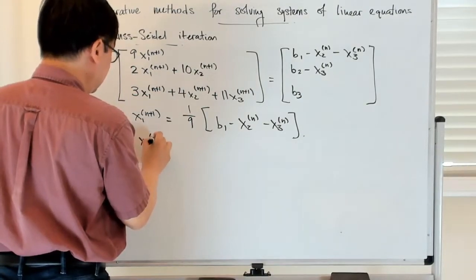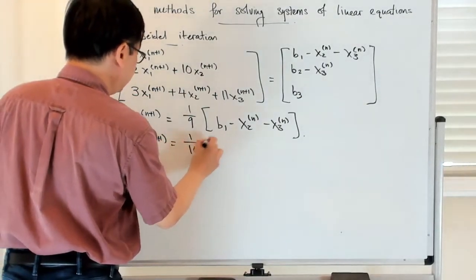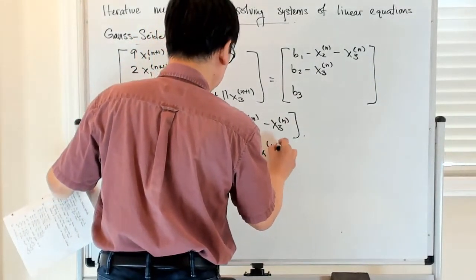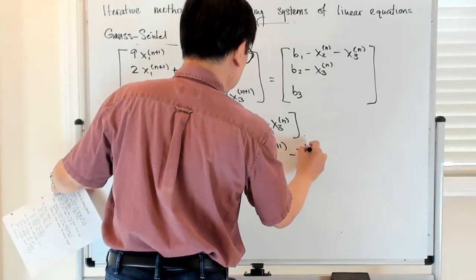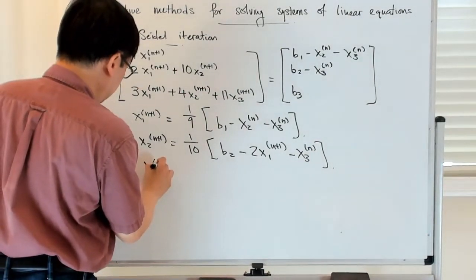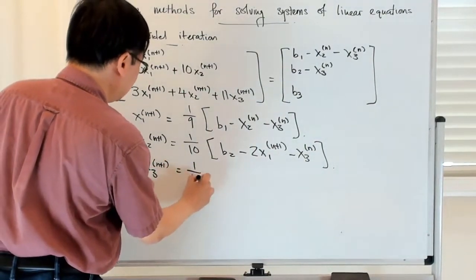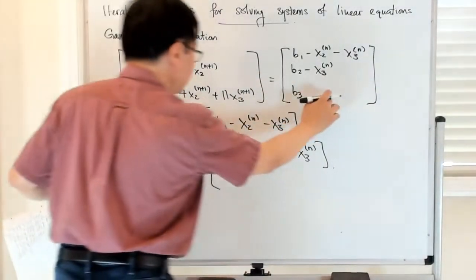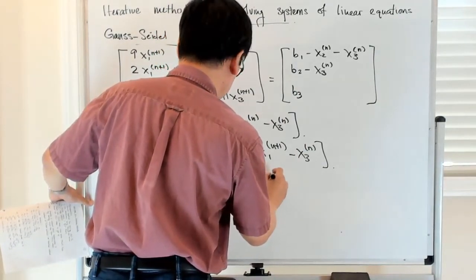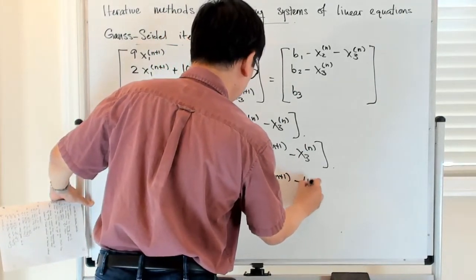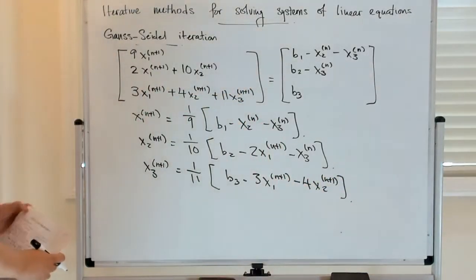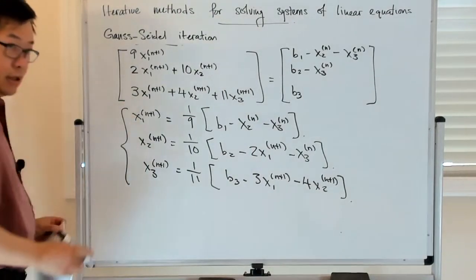So x2_{n+1} is equal to 1/10 (b2 minus 2x1_{n+1} minus x3_n), and then x3_{n+1} is equal to 1/11. So I move these two entries to the right, and I get b3 minus 3x1_{n+1} minus 4x2_{n+1}. Okay, so this is the Gauss-Seidel method.